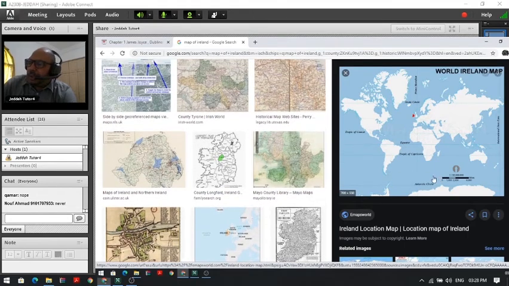Can you see Ireland now? This is the world map, obviously, right? Can you see that? Okay.